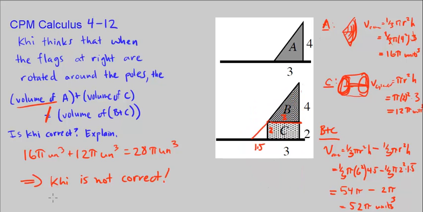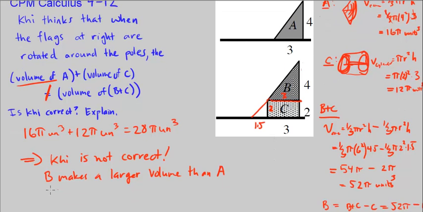B is further away from the pole, so B makes a larger volume than A. Even though the triangles are the same area, B is further away from the pole that it is rotating around.